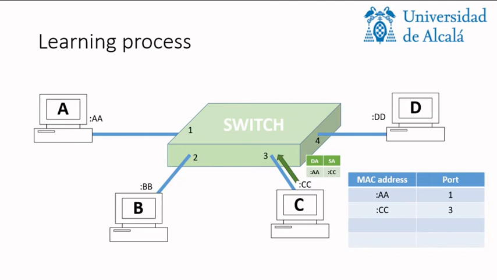In this case, destination address A exists. So the switch does not flood the frame through all ports and only sends it through port 1, which is the one assigned to host A, as we can see in the table.